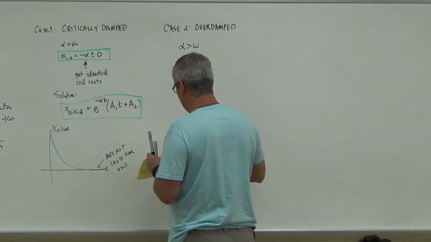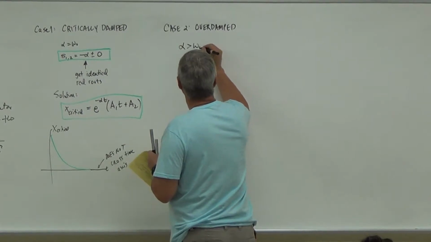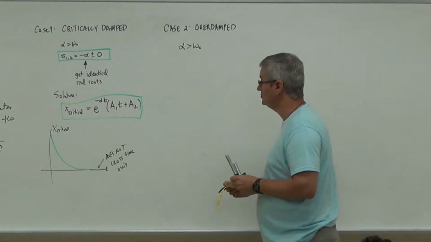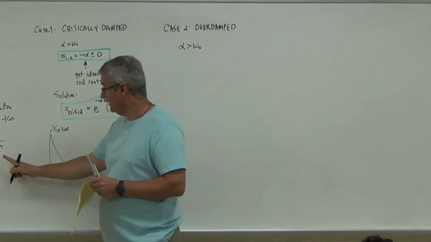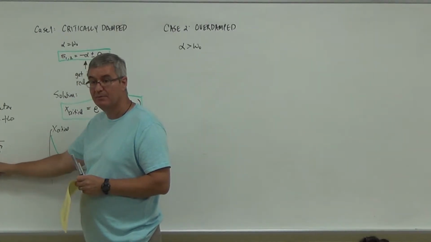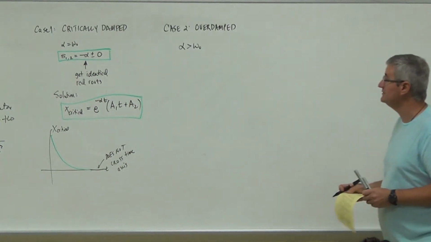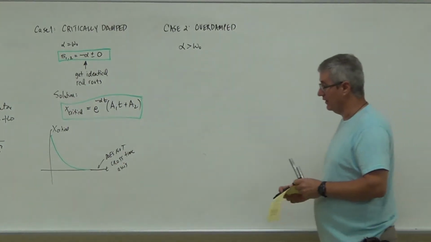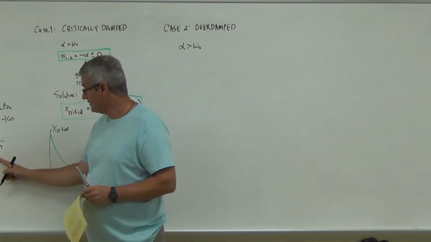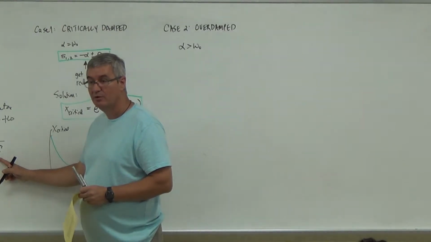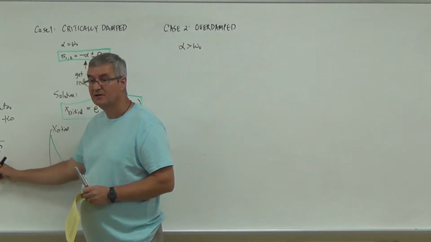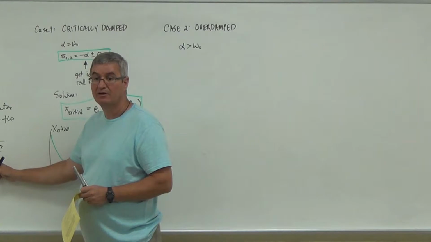So if I have overdamped, then this must be true. And so when you look at that solution here, that means I get a positive number in the radical. Right? Overdamped has to be that. When omega naught is smaller than alpha, then I get the complex roots, and that's going to give me underdamped.